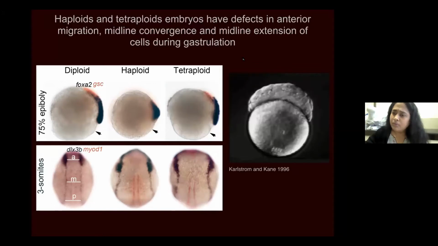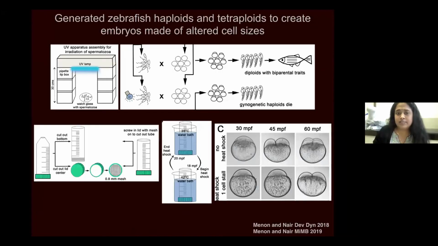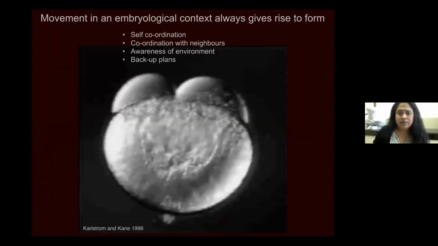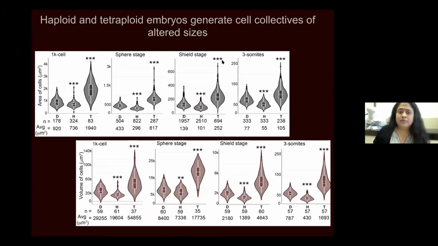The histograms? Yeah, I showed the distribution plots of cells of different sizes. These are the actual cell sizes of the cells that are quantified. From every embryo, we have quantified around 900. These are the total numbers of cells at each stage that we have quantified.